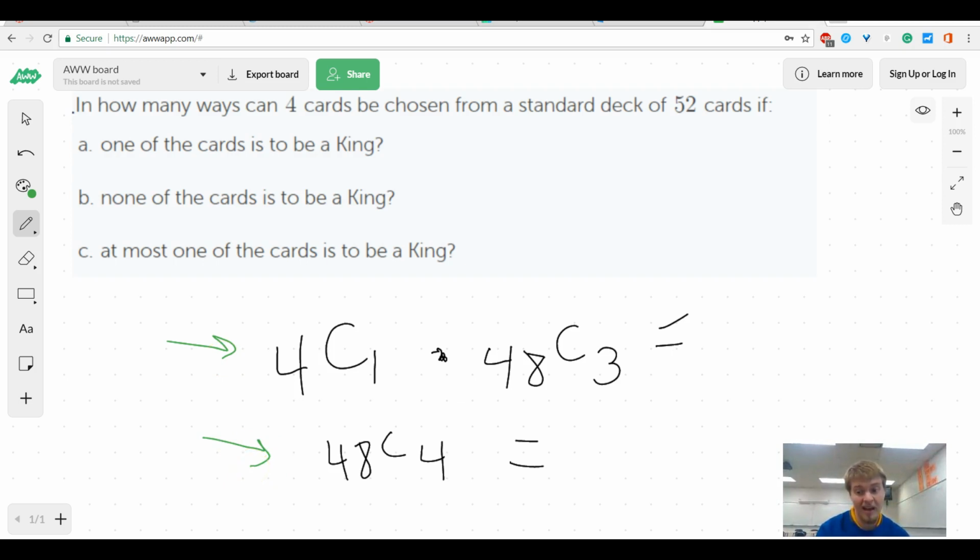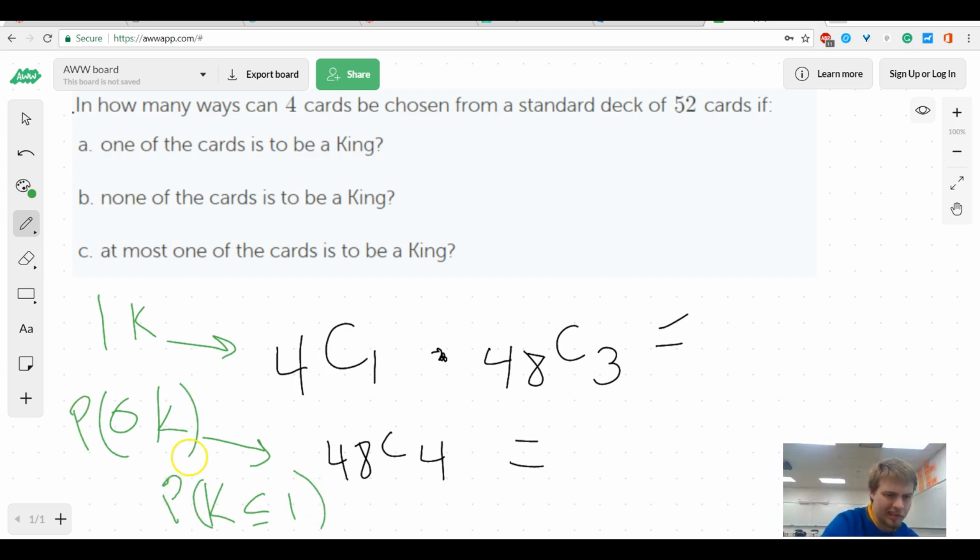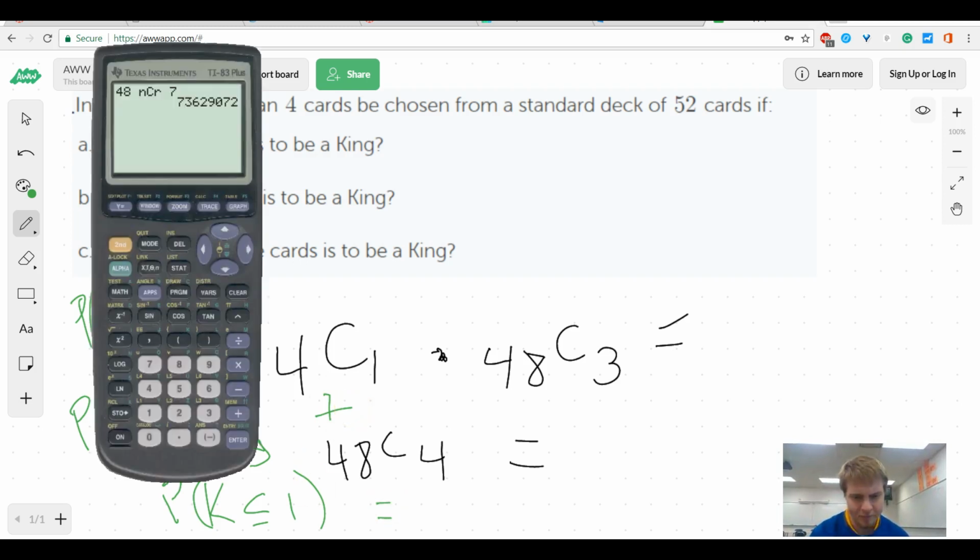So if I add the amount of 1 kings plus the amount of 0 kings, we should get at most, or this statement, k is less than or equal to 1. These are technically not probabilities, but it's kind of like probabilities. So if we just add these 2 things together after we find it, it should be this. So let's find those things.